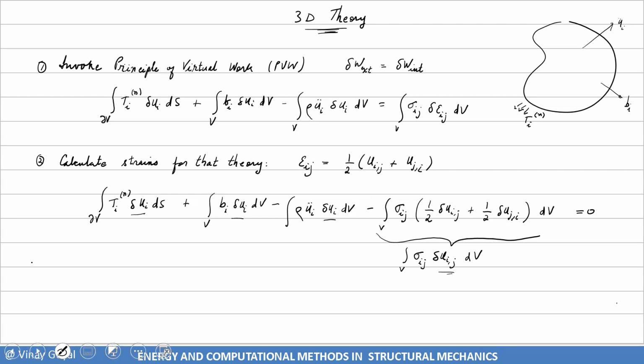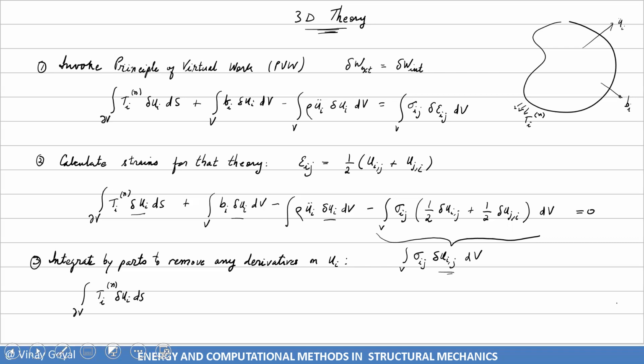So step number 3 is to integrate by parts to remove any derivatives on ui. So yes, let's do that. So that's the integral over the volume, ti del ui ds.